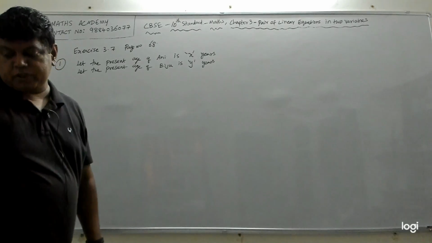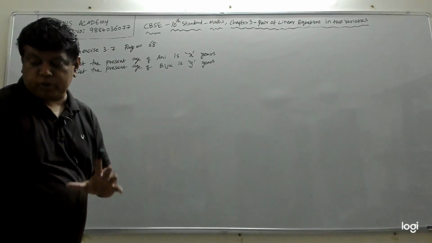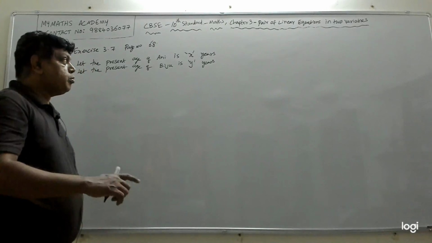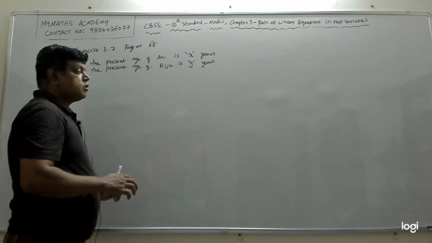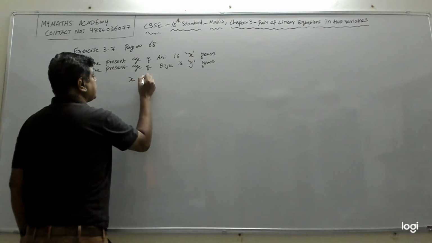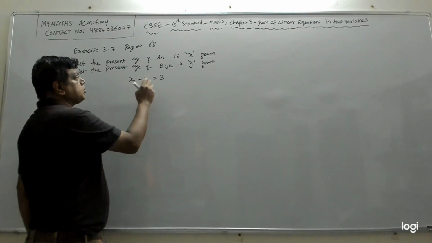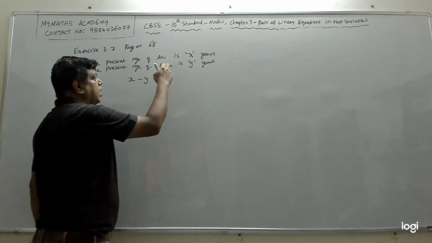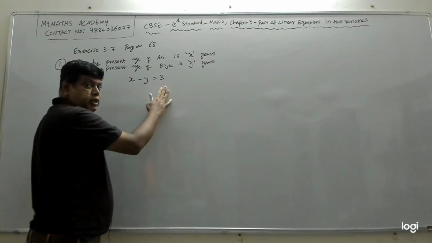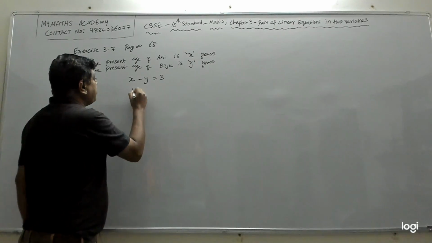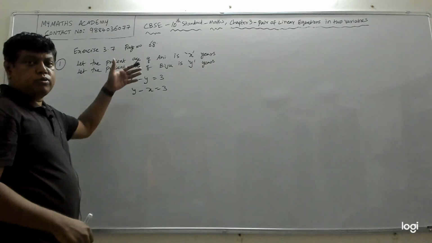The first line says the ages of two friends Annie and Biju differ by 3 years. Which means the difference between their ages is 3 years. So X minus Y is 3, or it could be Y minus X equal to 3, because we don't know whose age is more.